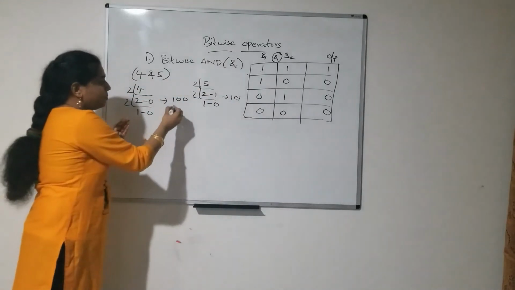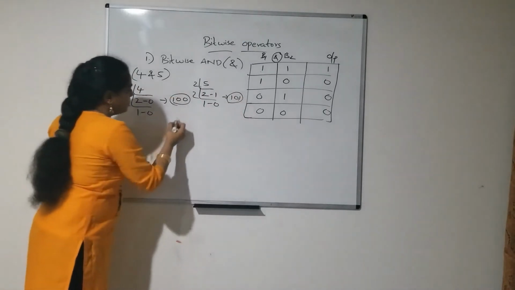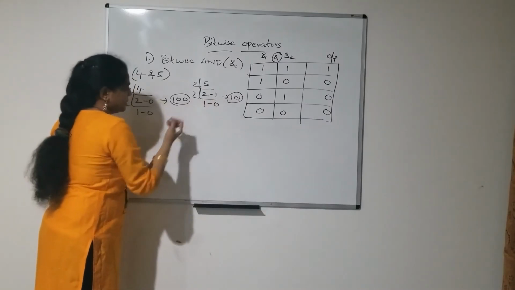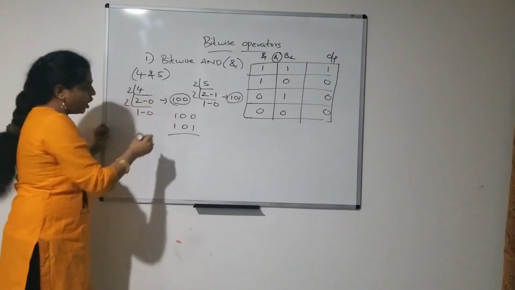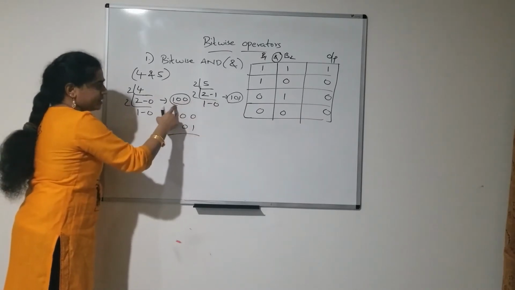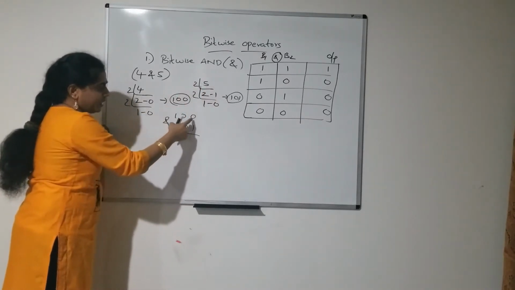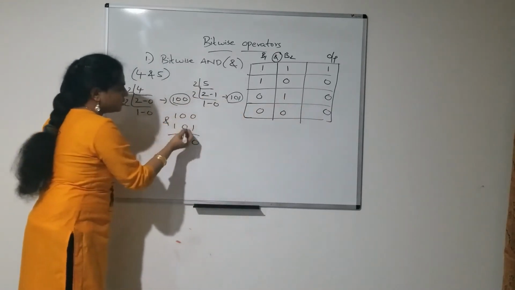Now I want to perform bitwise AND between these 2 numbers, 1 0 0 and 1 0 1. Here, 0 and 1 means 0, 0 and 0 means 0.